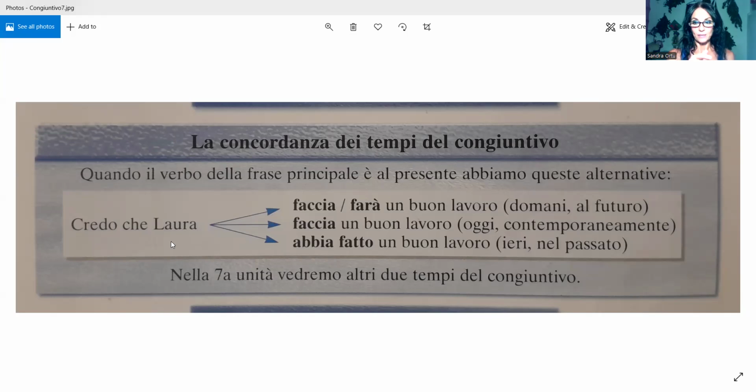However, in this case, it needs to be the mode for the congiuntivo. Are we talking about the present or normally? We're going to use the present. Or otherwise, are we talking about the past? We're going to use congiuntivo passato. These are your three options.